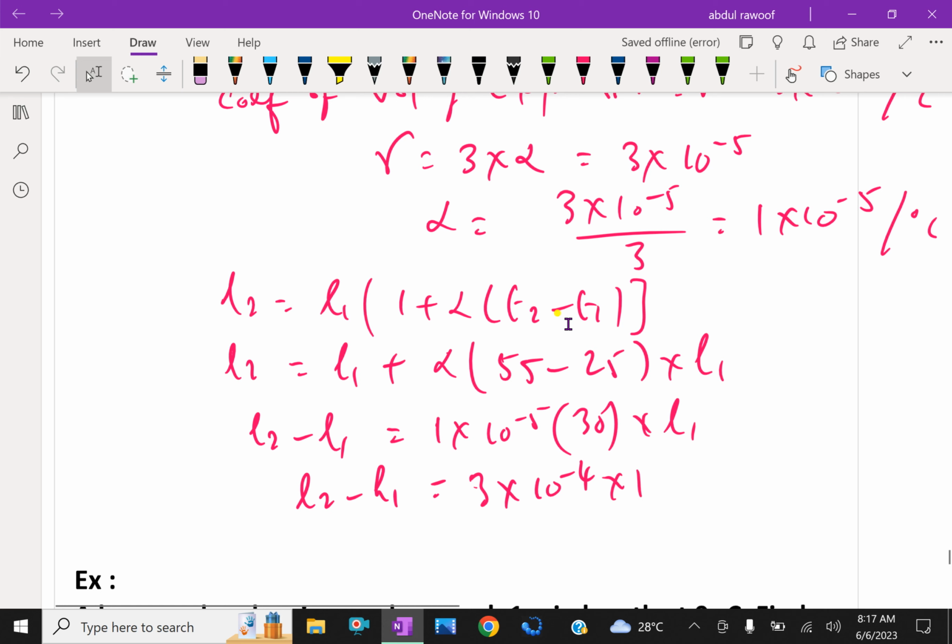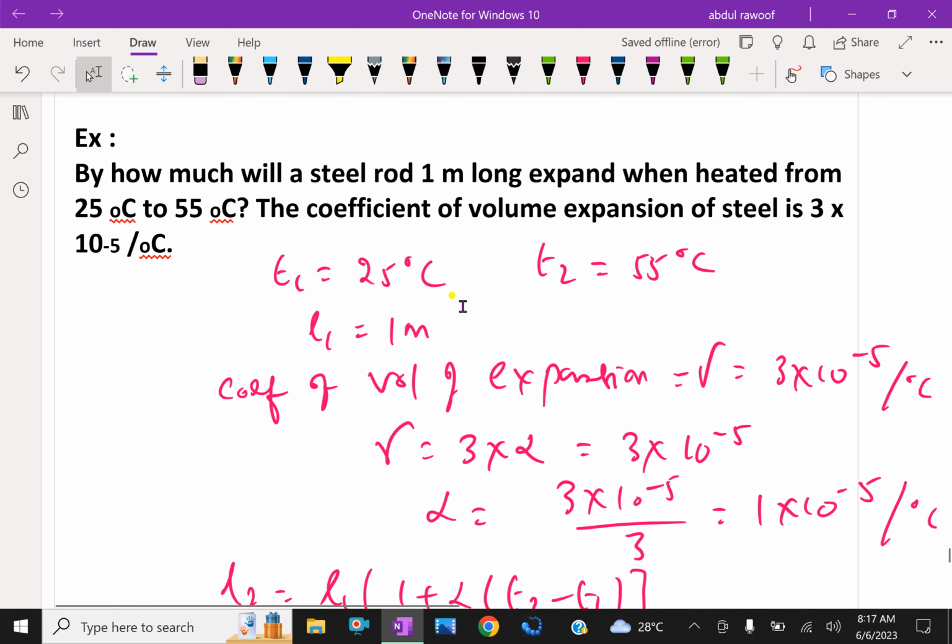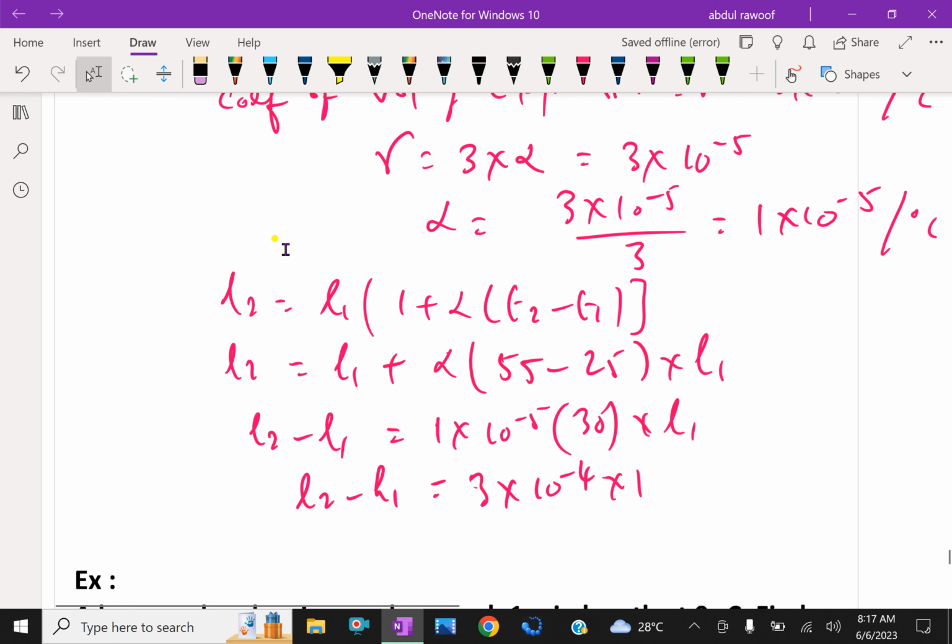Therefore, we need the change in length: how much will the steel rod increase? Therefore, the rod will expand by 0.3 mm, because to convert meters to millimeters we multiply by 1000.